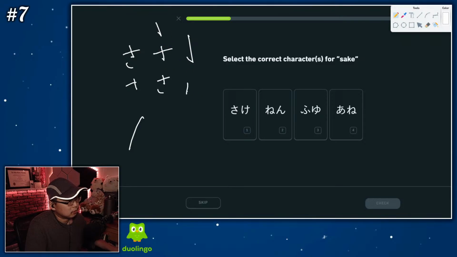Tablets, at least the tablet I'm using, has pen pressure, but this program doesn't have pen pressure. So when you're lifting, there's no drag off of it. So I'm artificially doing these little tail things, and that's just not how that works. It's unnatural, so I just don't do it.